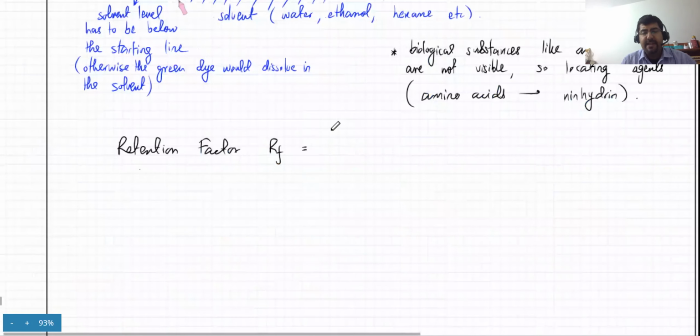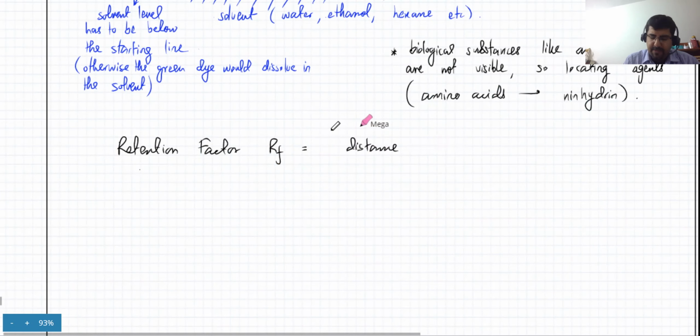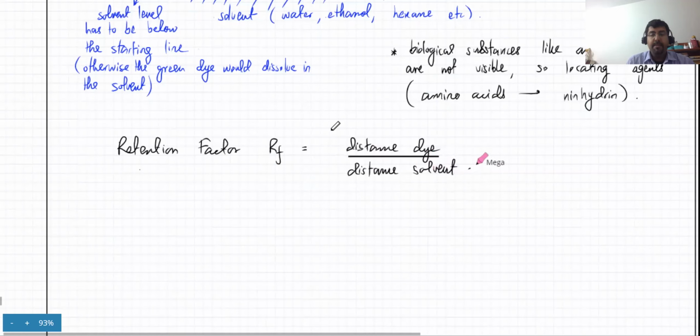So the retention factor has a specific formula: it is the distance traveled by the dye divided by the distance that is traveled by the solvent.